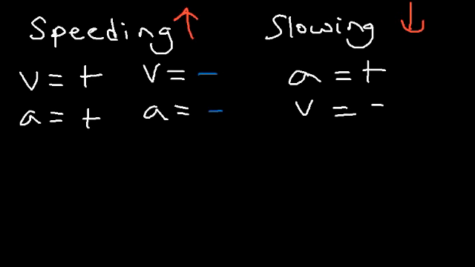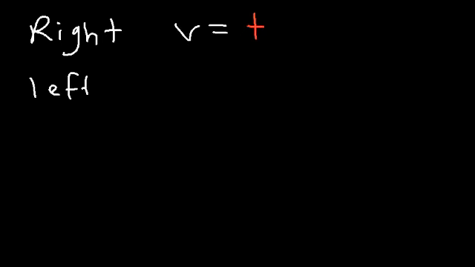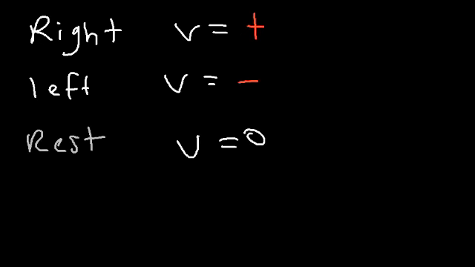It could be positive and negative or negative and positive. The particle is moving to the right whenever the velocity is positive, and it's moving to the left whenever the velocity is negative. And it's at rest, or it could be changing directions, when the velocity is 0. So those are a few things to keep in mind.